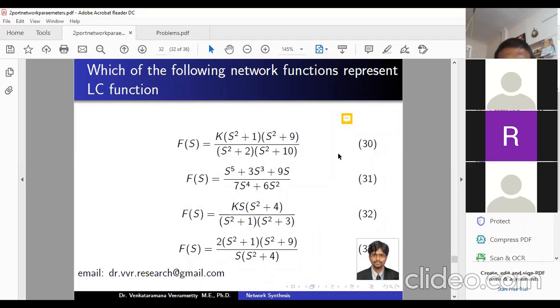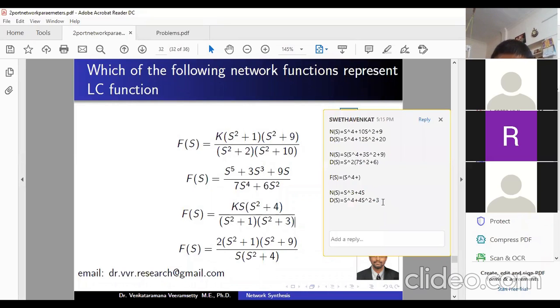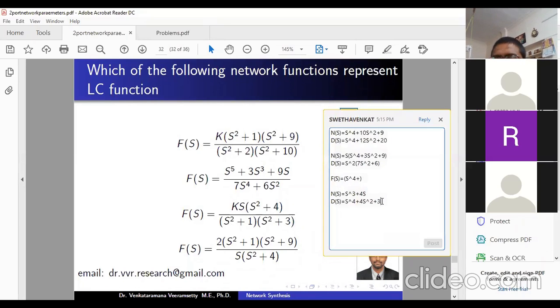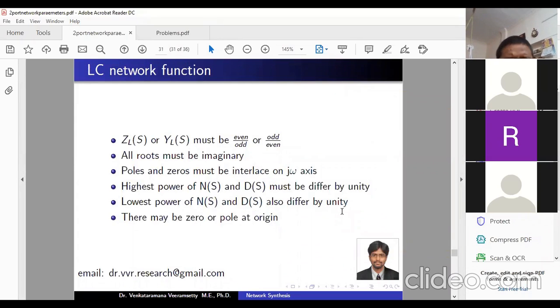And in the denominator, the lower degree is 3, meaning 3 into s power 0. So the lower degree is 0. Here the lower degree is 1. So again it differs by 1. So the fourth condition and fifth condition are also satisfied.